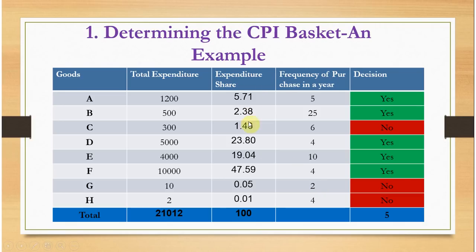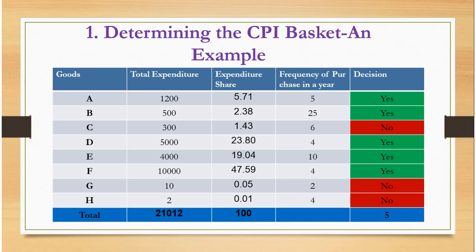So, according to these two criteria, in this hypothetical economy, we can determine a CPI basket by including those goods and services that have a high expenditure share and a high frequency of purchase. The first good we select is good F because it has the highest expenditure share. Then we select good D, then we go over other goods.